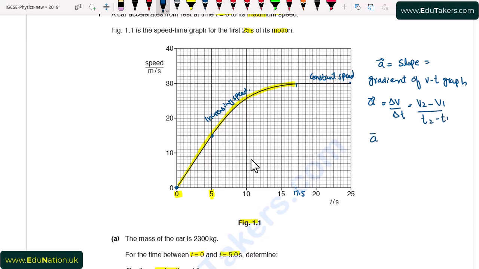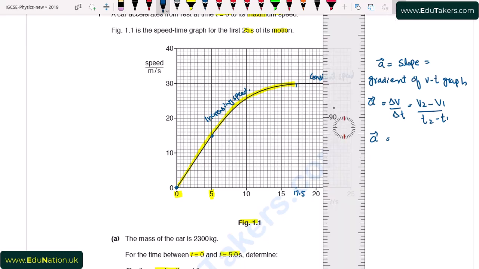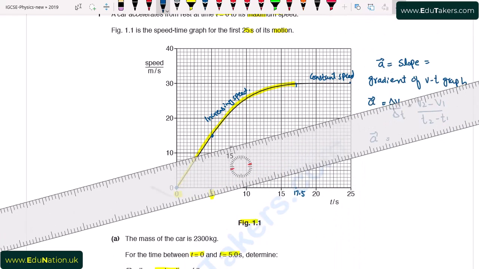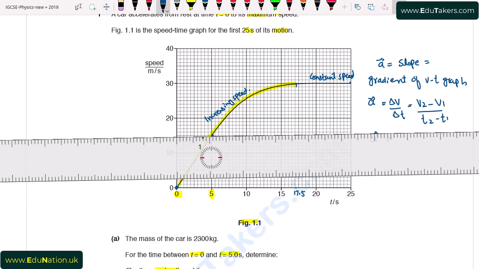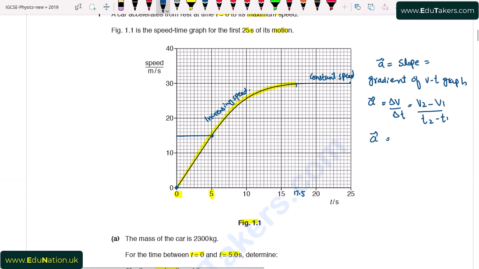So acceleration will be equal to change in velocity per unit change in time. We have to find out the values of velocity corresponding to time t equal to 0 and t equal to 5 seconds. Using a ruler, I draw a line from this point and it touches the speed axis. When time t is equal to 5 seconds, the speed is almost 15 meters per second.